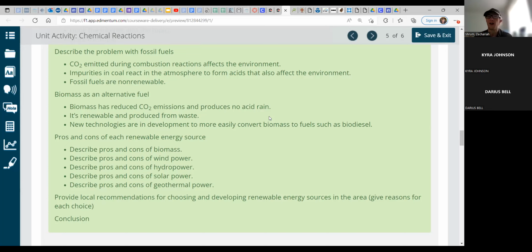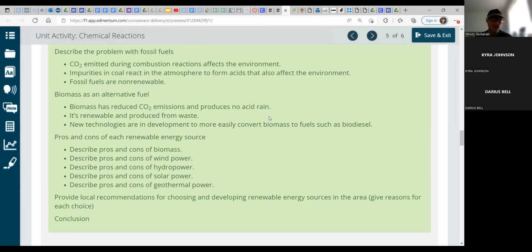Once you describe the problem with fossil fuels and why we care about looking for alternatives, you can talk about biomass as an alternative fuel. And why is it better than fossil fuels? Well, it has reduced CO2 emissions. There's still CO2, but there's less than fossil fuels. And there's no acid rain if you're using biomass.